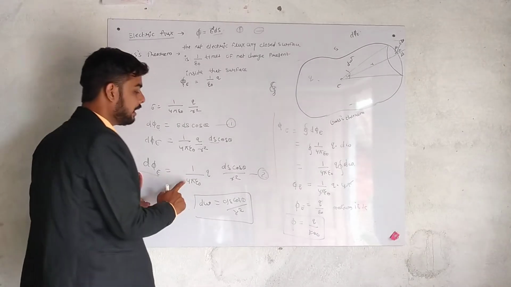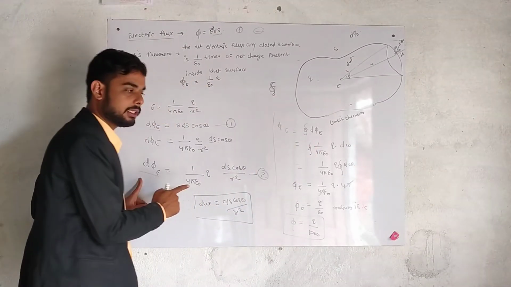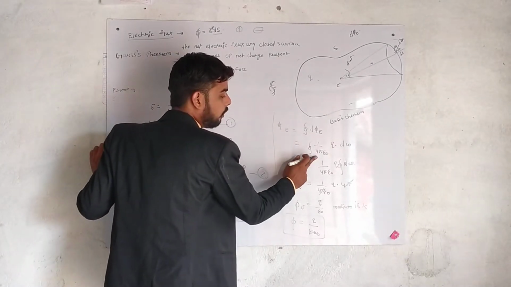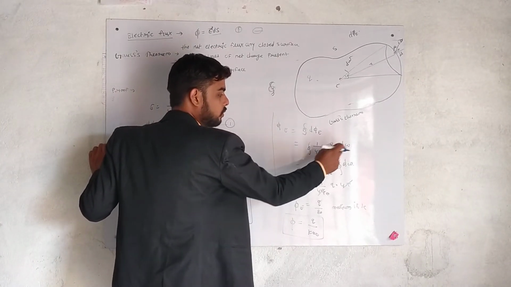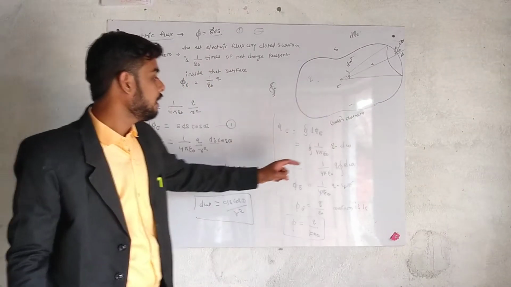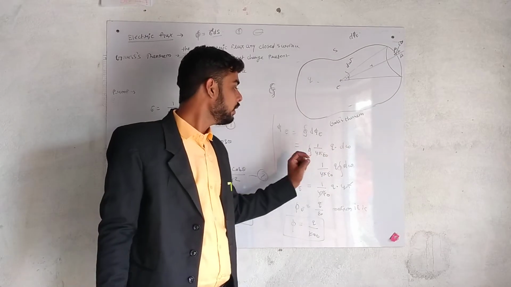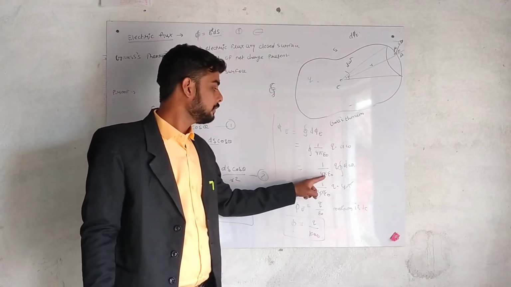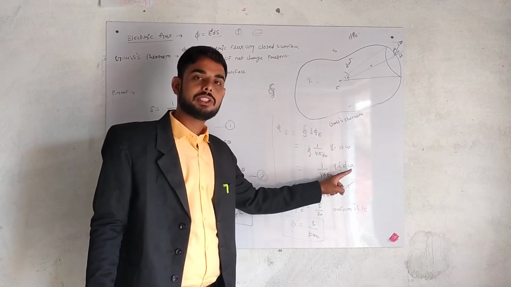Putting the value of d phi E from equation second, we get 1 upon 4 pi epsilon naught Q into d omega, because the rest is constant and only d omega remains inside the integration.